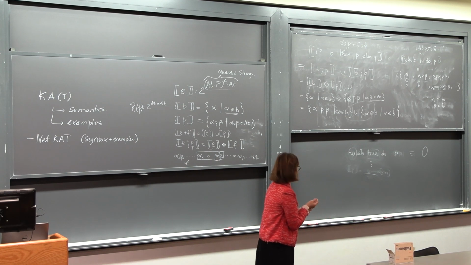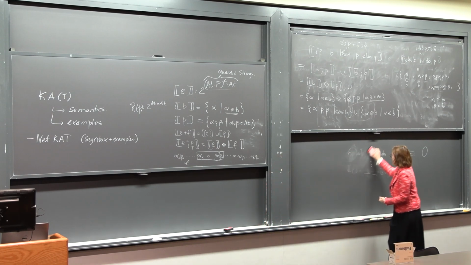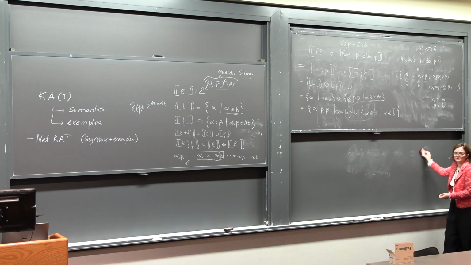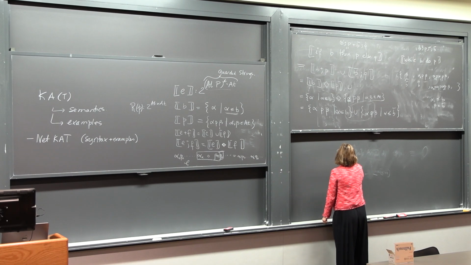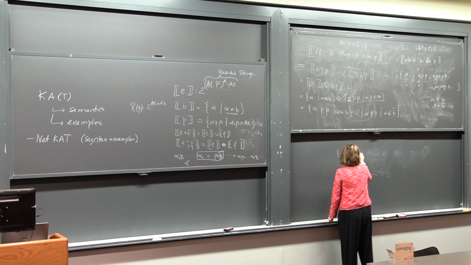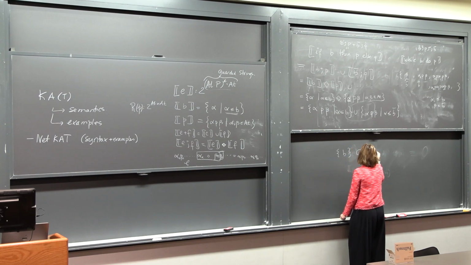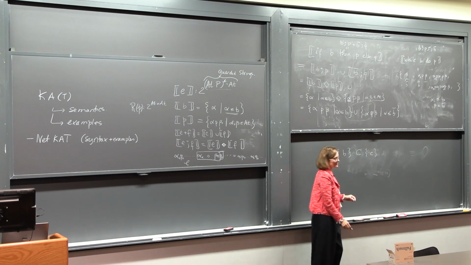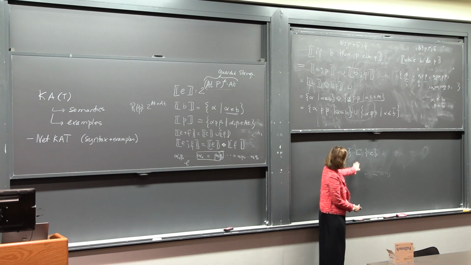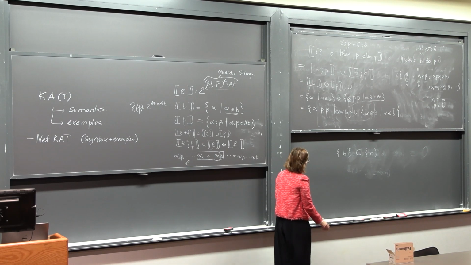So yes. And this is a good point for me to say how this connects to Hoare triples, which is a question someone asked a while ago. If I have a Hoare triple that looks like this, some program C, then B and C are tests, so they are elements of my Boolean algebra, and C is a program in my simple imperative language.